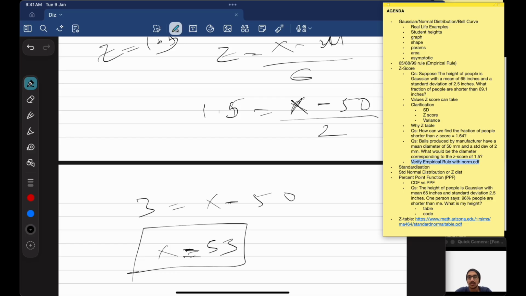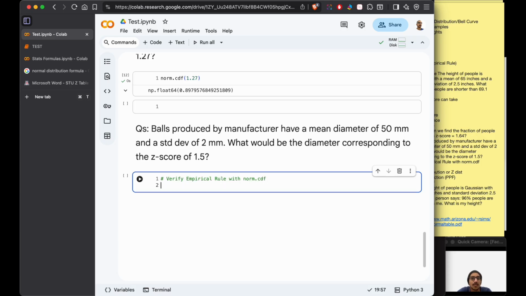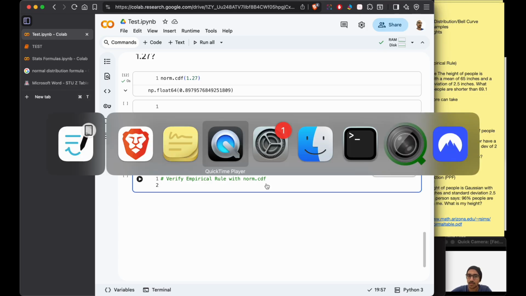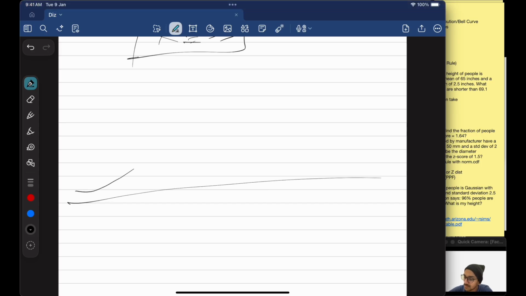Now let us verify the empirical rule, which is this one, using norm.cdf. So what we can do is, for the empirical rule, again CDF is what? If we look at the graph, we are talking about percentages. So if you have a plot like this, a curve like this, this is our mean, mu.